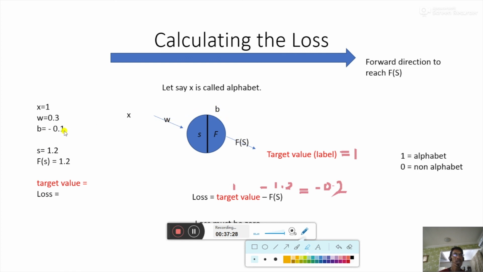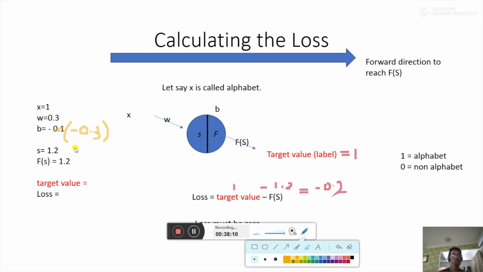So I'm going to change this. Let's say I change B to negative 0.3. I delete this one and put in 0.3. Now moving forward again, we calculate x multiplied by w, 0.3, plus b.